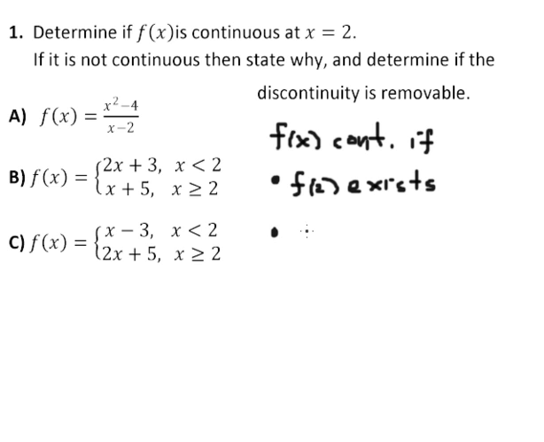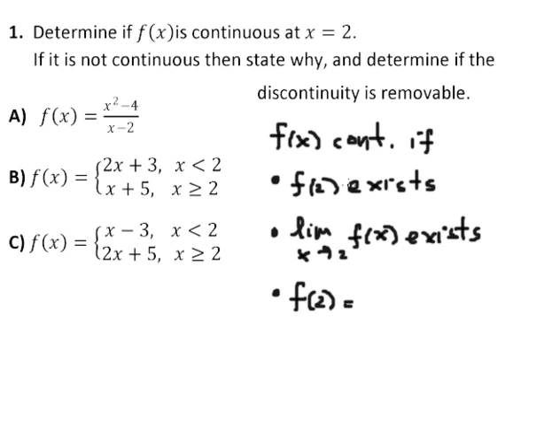The second condition is the limit as x goes to 2 of f of x exists. And the third is that this limit is equal to the value f of 2. So this and this must be the same.